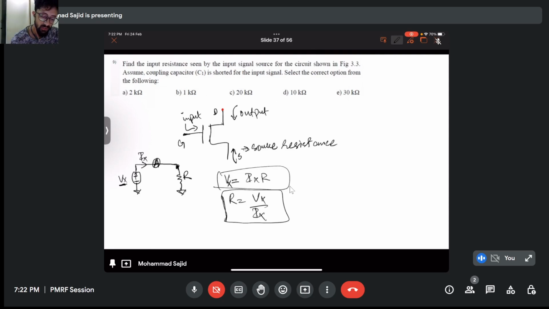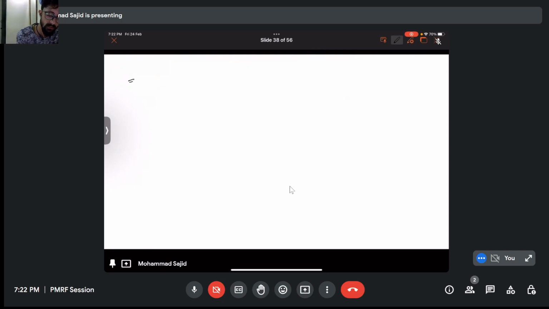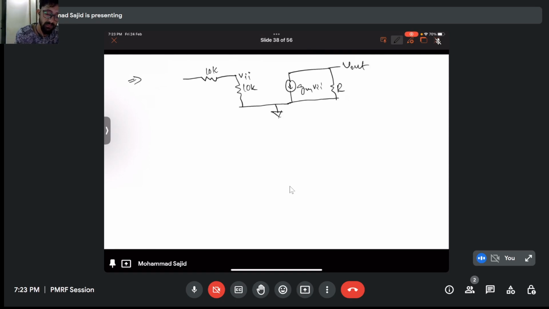By going through the question, what does it say? That you have to calculate input resistance. So my equivalent circuit is like this, 10k, 10k. We should not bother about these values because we are only focusing on V input.